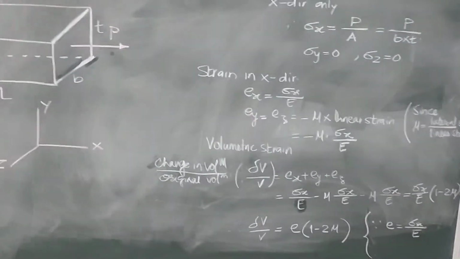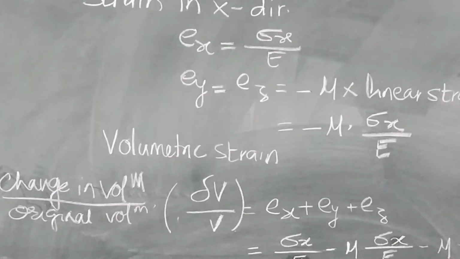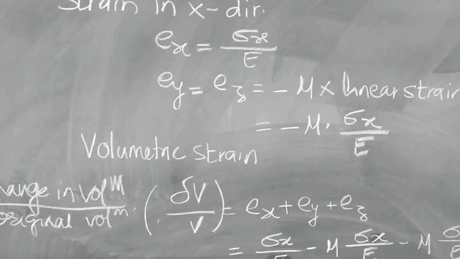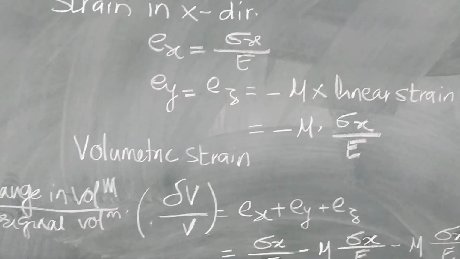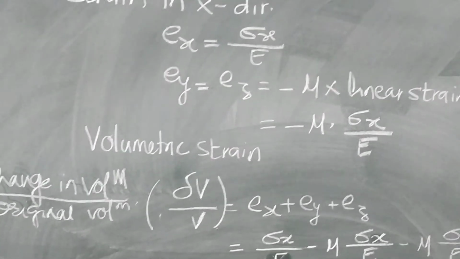So change in volume upon original volume, delta V by V is equal to Ex plus Ey plus Ez. But you know Ey and Ez is minus.